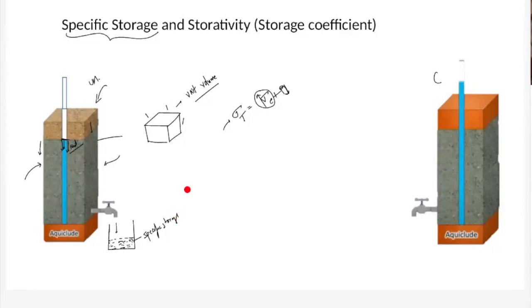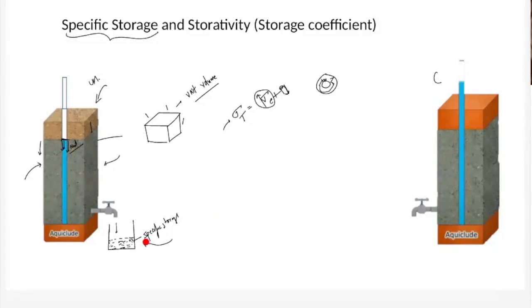Because let's say this was the size of the pore. There was water in it. Now if the pore size has decreased, this extra water will come out, right? So that extra water is the specific storage.